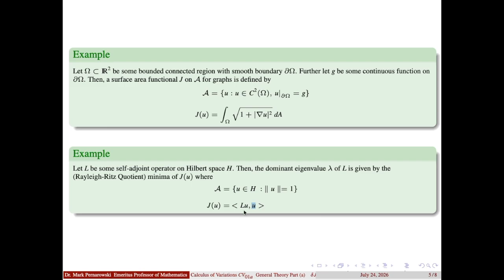And then of all the u's that you can put in here, we're only going to consider the u's that have unit length. So of all those admissible u's, you put those into this formula, find out what the minima is, and that value will be equal to the dominant eigenvalue of the operator L. That's very abstract, but I included it here because J's can be a lot of things, A's can be a lot of things.